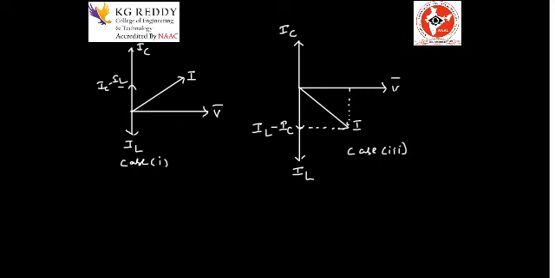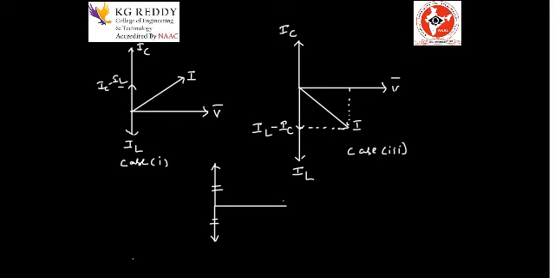Now the vector diagram for case 3. This is my reference, this is IC and this is IL. When BL is equal to BC, both are the same.